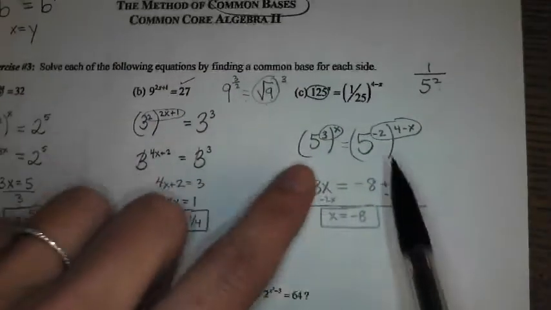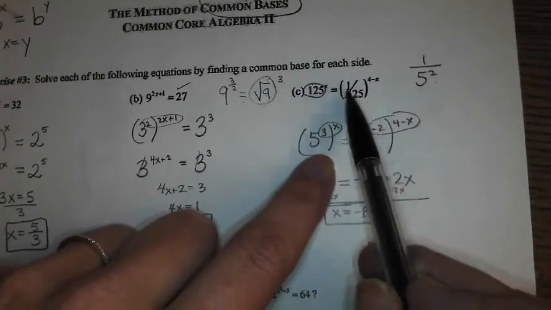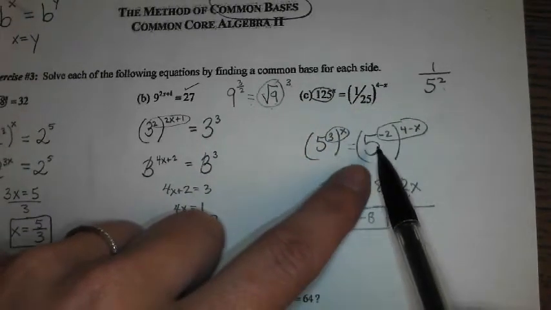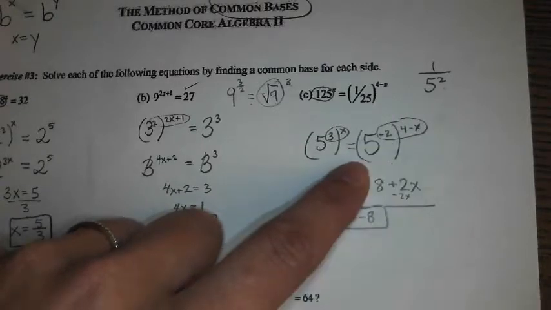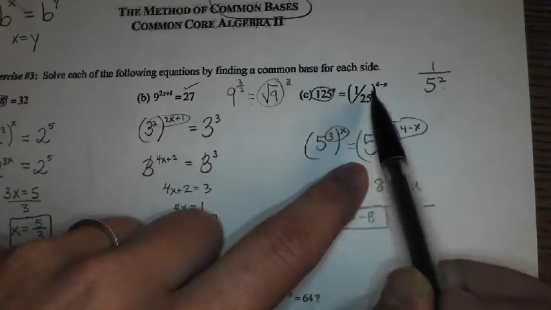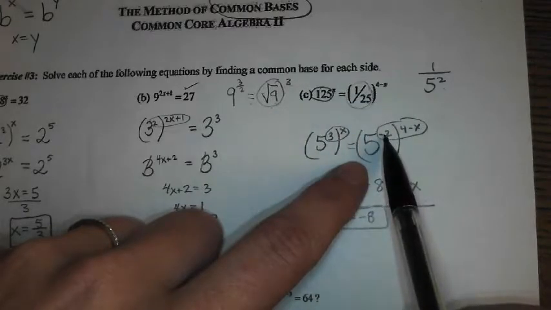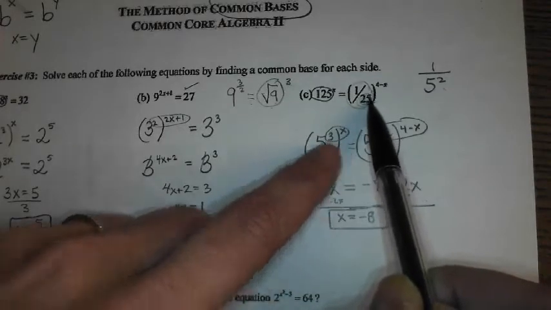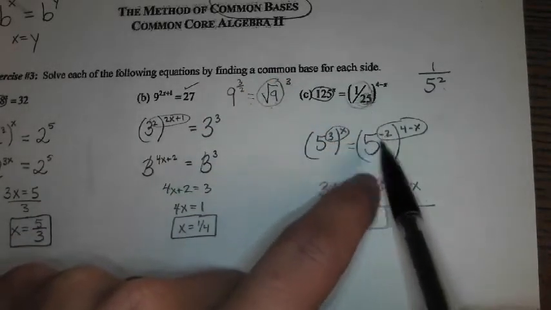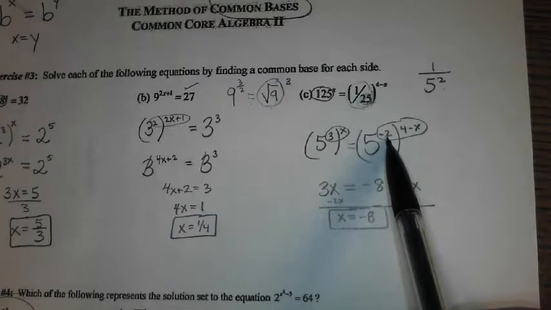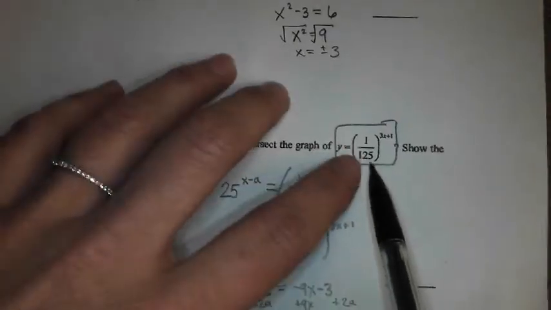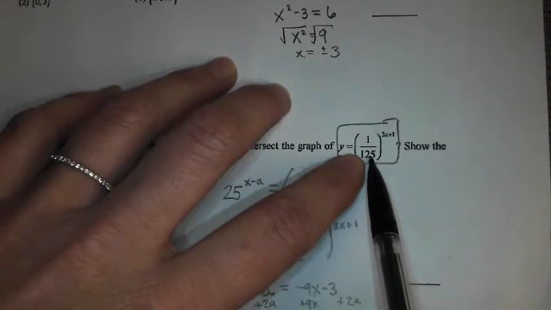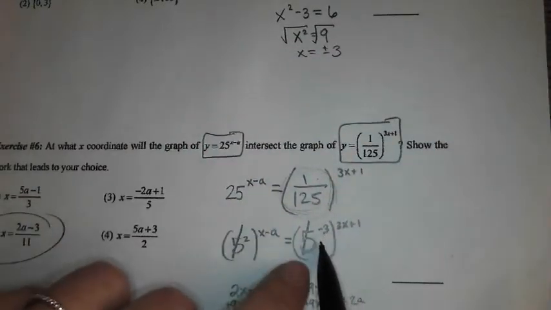He knew that because in 3C, I took 1/25 and explained, and we chatted about why that's 5 to the negative second power. Do you see? So the fraction creates a negative exponent. That's the first thing. To get that 25, or the 5 squared, out of the denominator, we have to move it into the numerator but make the exponent negative. And so 125, which was 5 cubed, I got out of the denominator by making it 5 to the negative third.